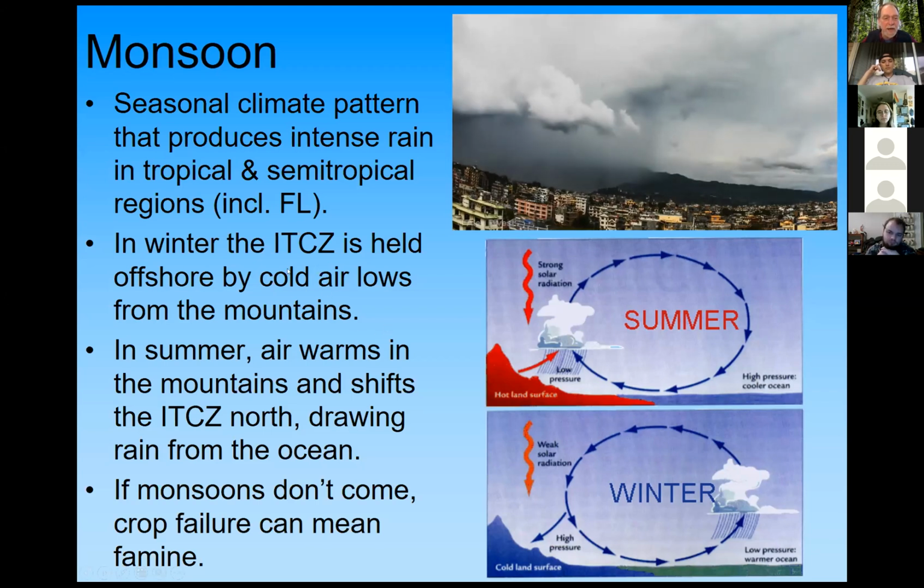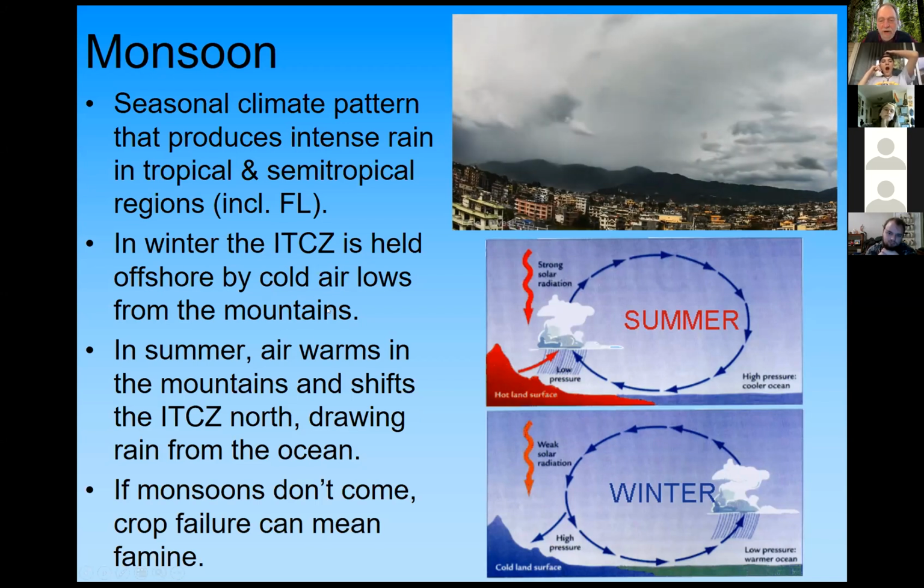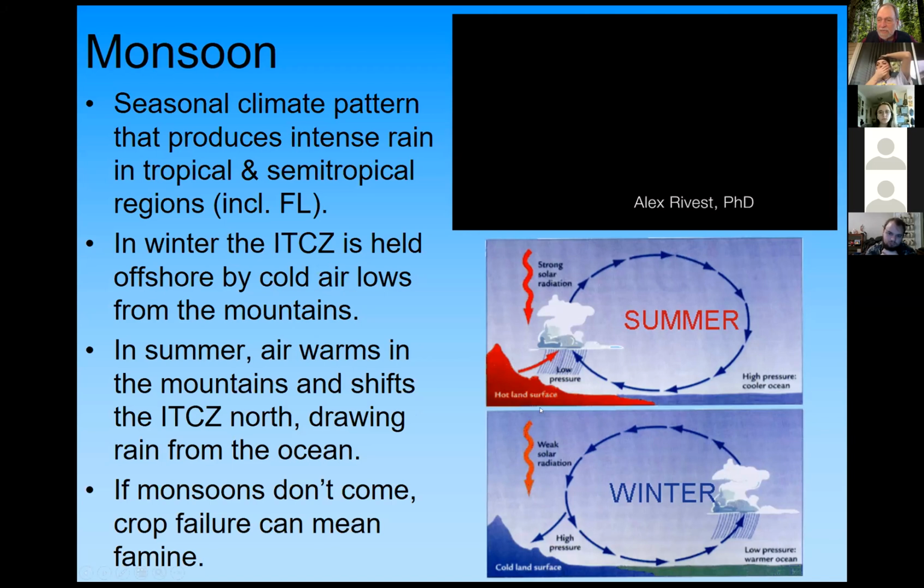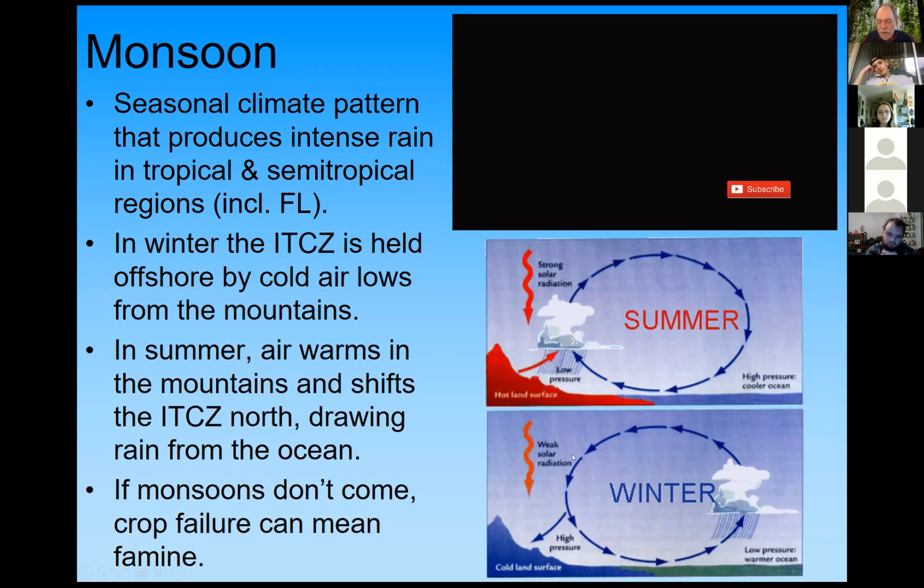Well, what's going on in the monsoons? In the winter months, the land is cooler than the ocean, and so the air is denser, and that dense air displaces outward and tends to hold the evaporation and the storms offshore.